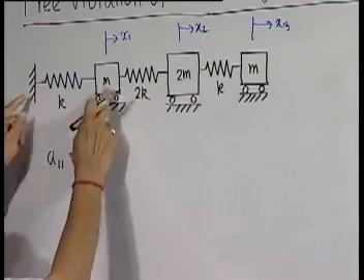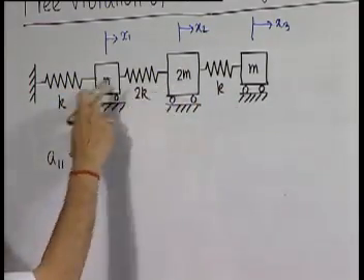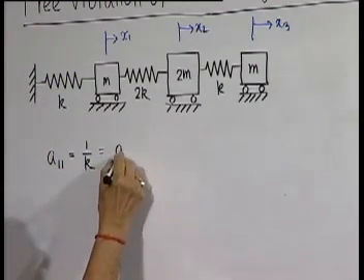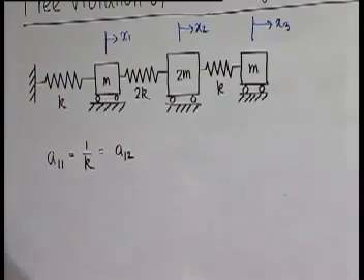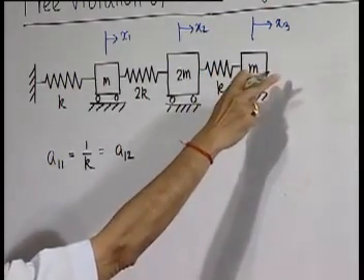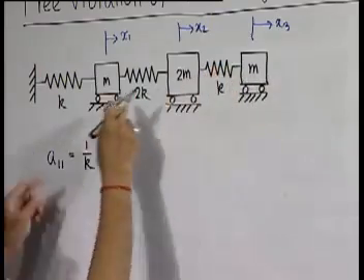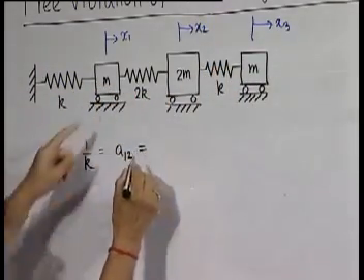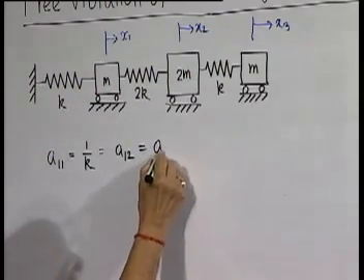Again, it is nothing but the stretch of this due to the unit load which is also passing through this. So, this will be simply 1 by k, A12 also. Similarly, if you apply a unit load at the third station, again the stretch of this spring will be same, and that is the deflection of station 1.